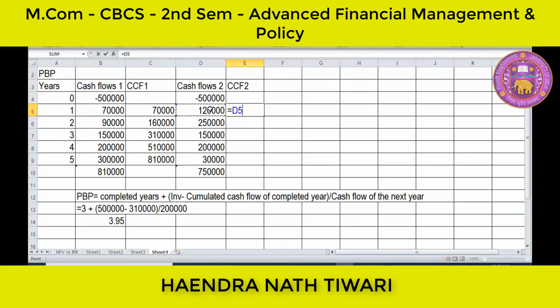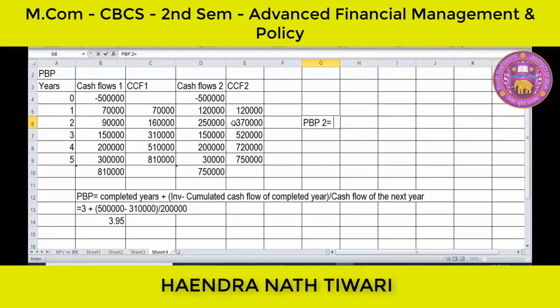Equal to this, equal to this plus this amount. Now bring it down. And total cash flow happening is this. What will be the payback period of project 2? So let us calculate payback period of project 2.